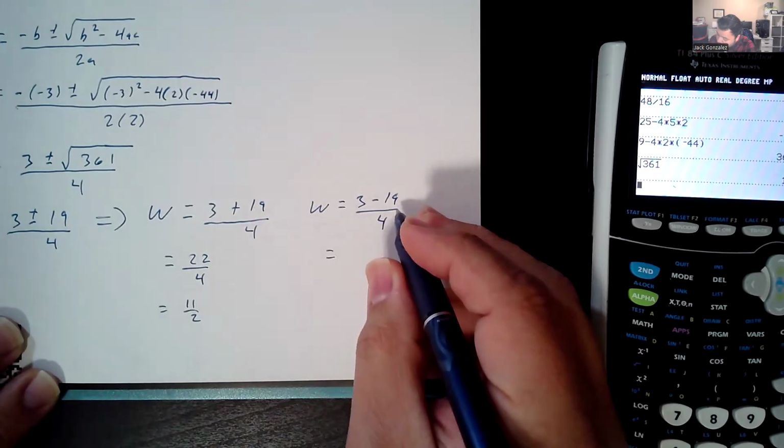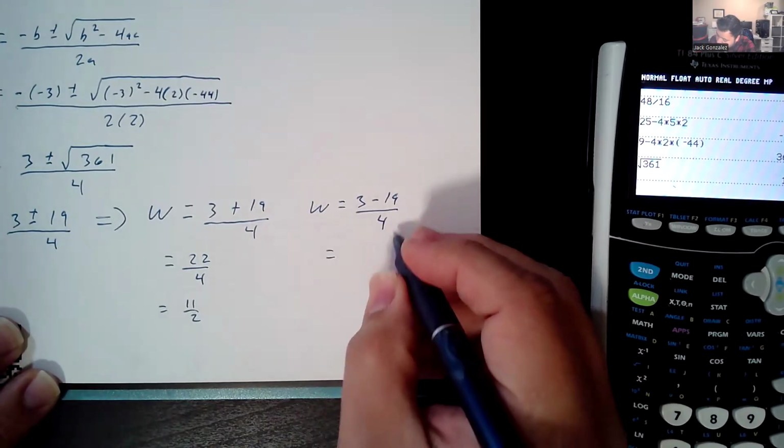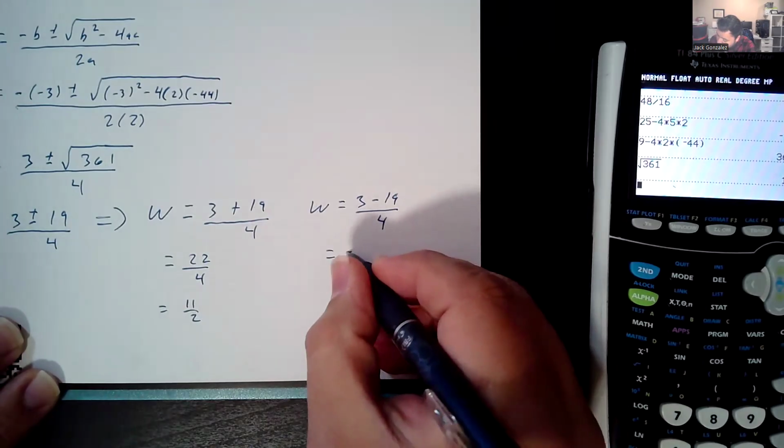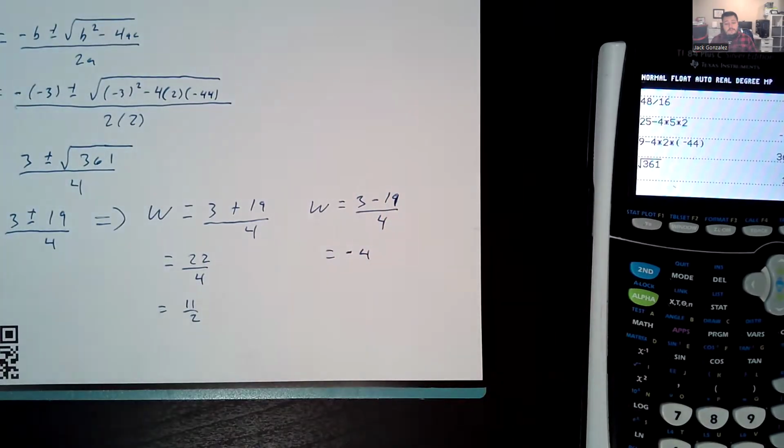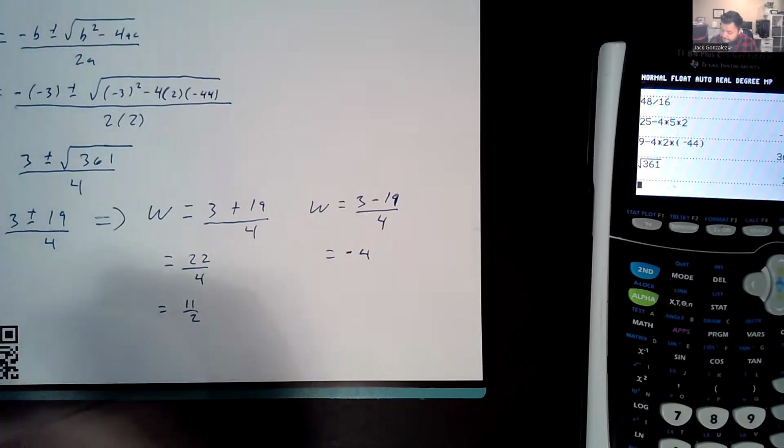This would be negative 16 over 4, which is negative 4, right? Yeah, two answers.